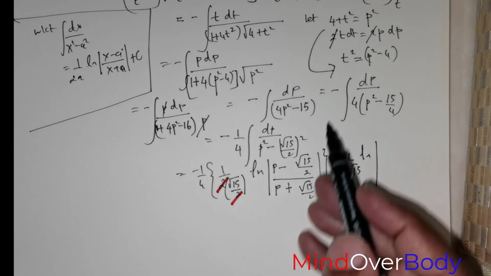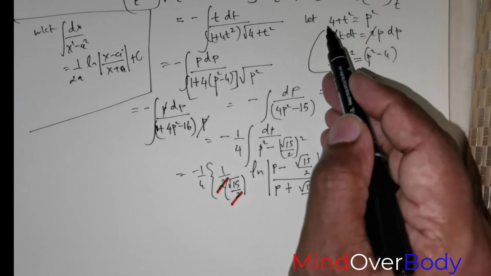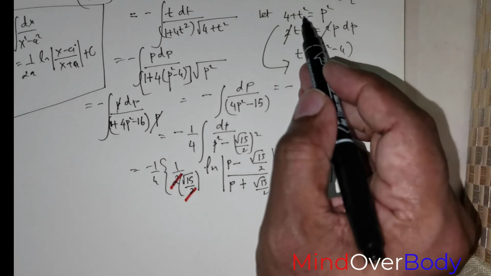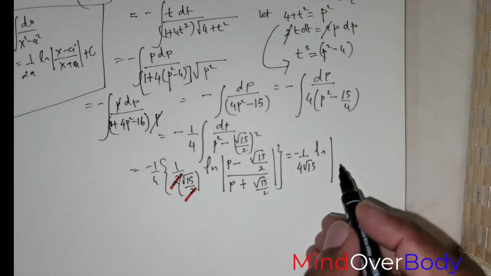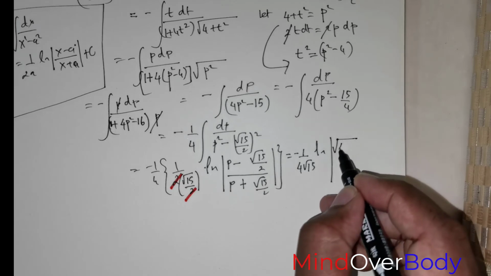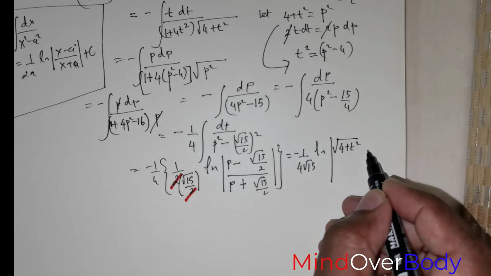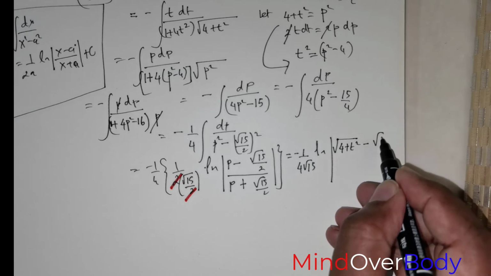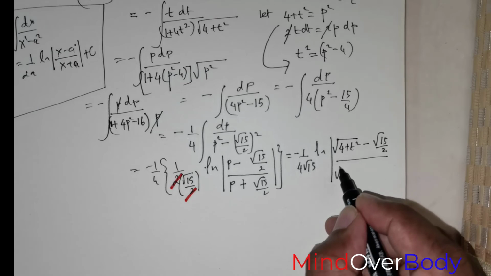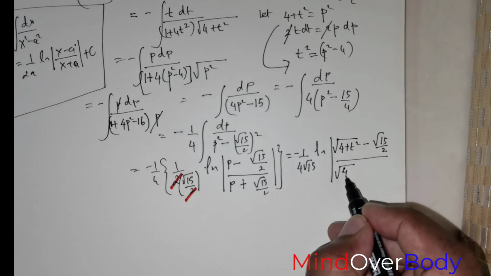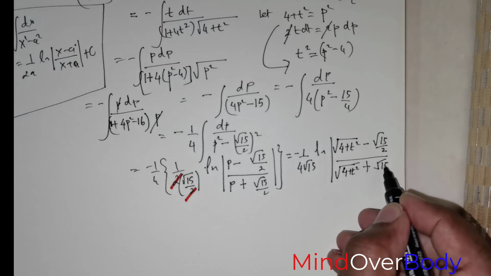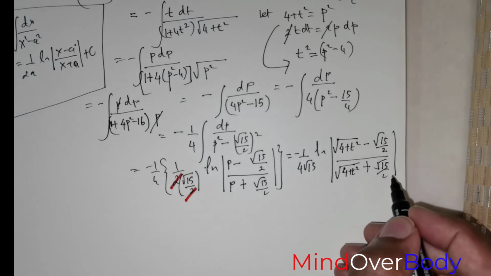Now my p is root of 4 plus t squared, right? Because p squared is 4 plus t squared, so let me place that. So this is going to be root of 4 plus t squared minus root of 15 over 2 divided by root of 4 plus t squared plus root of 15 over 2. So this is what I've got.